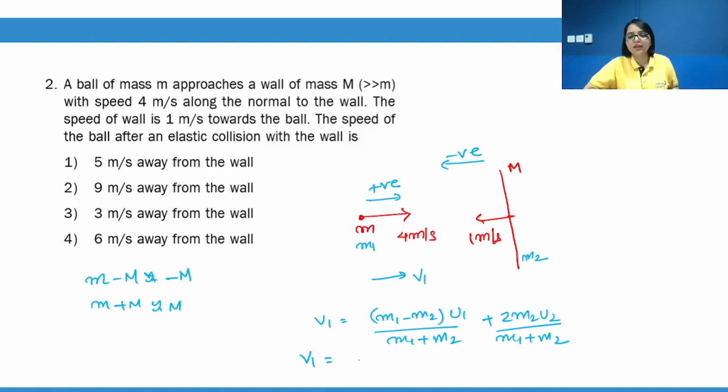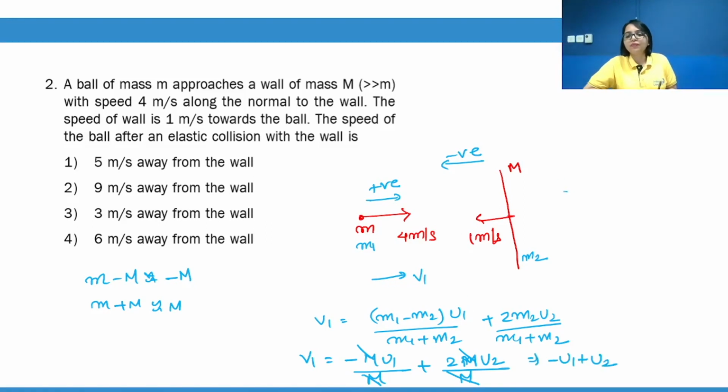So v1 will be minus M u1 divided by M plus 2 capital M u2 divided by M. Right? So it will be minus u1 plus 2 u2.